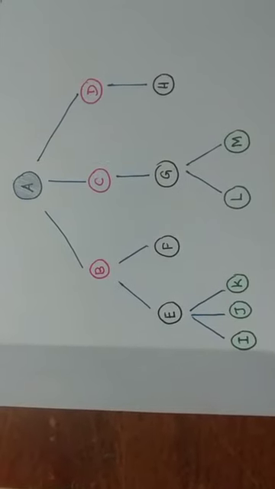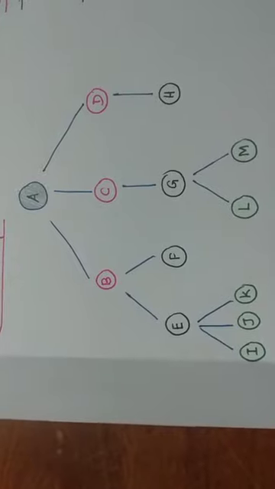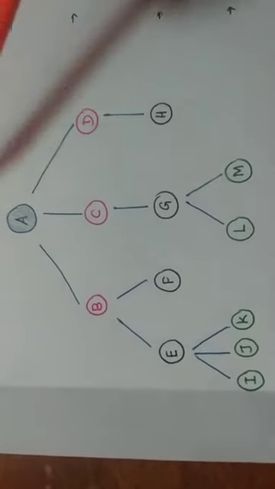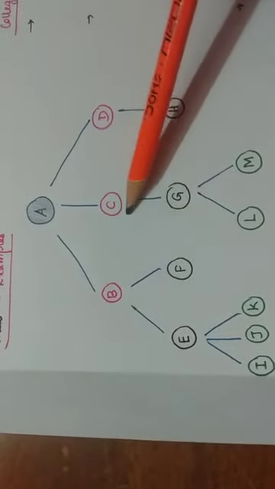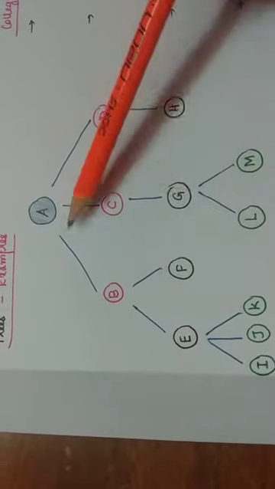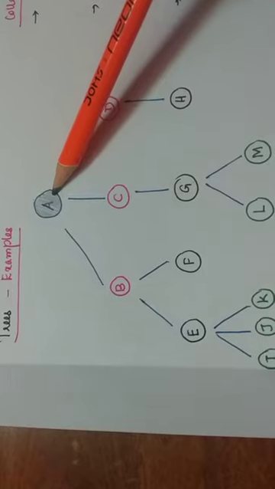First, a root. A root is the topmost element that does not have any parent. In our example, A is the one which does not have any parent, and all other nodes have a parent. So we call A the root node.